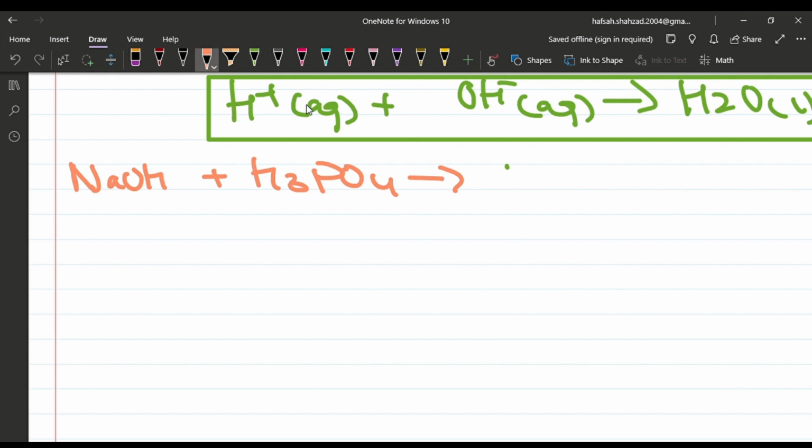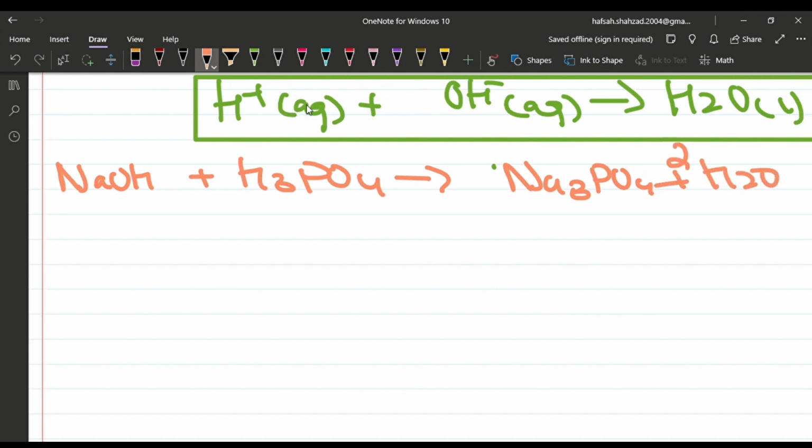So they react to form Na3PO4 and H2O. So yes, balancing this equation: we have 3H over here, then we have 3 Na, so we'll be writing 3 over here. PO4 is balanced. I think that's enough for the balancing. We have a balanced equation.